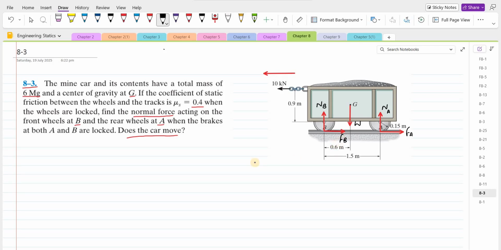Now we can use our equations of equilibrium to determine the normal forces at points A and B. My first equation is summation of moments at point A equals 0. I am considering the counterclockwise direction as positive.